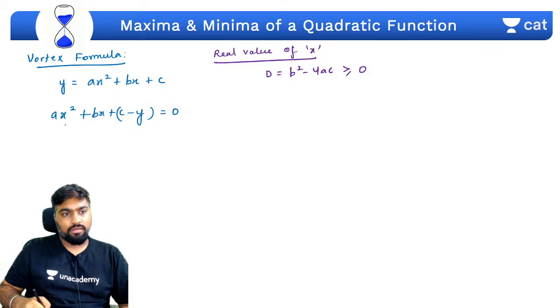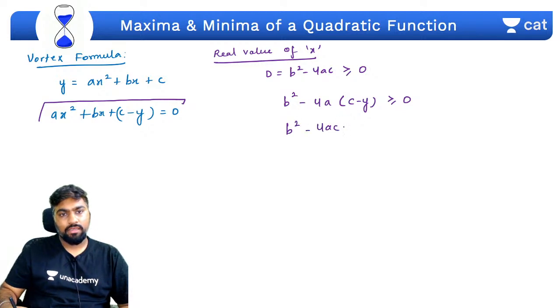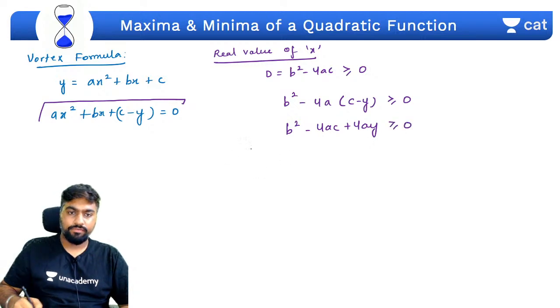Now, what is b square according to this particular expression? B square itself minus 4 times a times, what is c here? C minus y. Correct? According to this expression, what is c? C minus y. This must be greater than or equal to 0, right? So what do you get? B square minus 4ac plus 4ay is greater than or equal to 0.